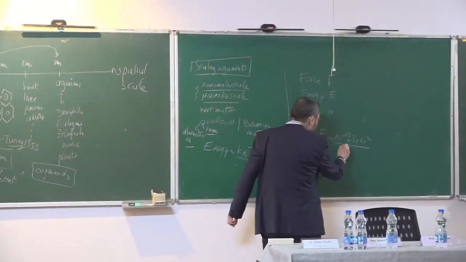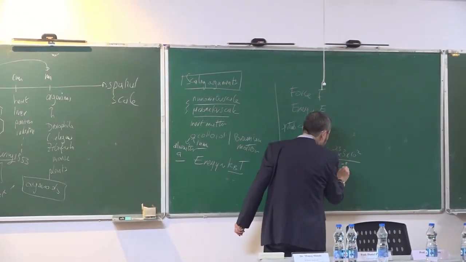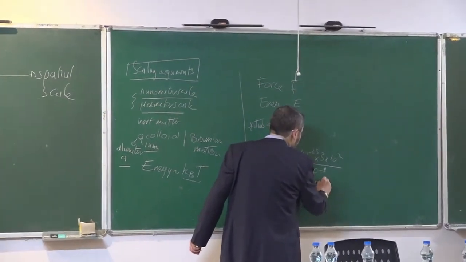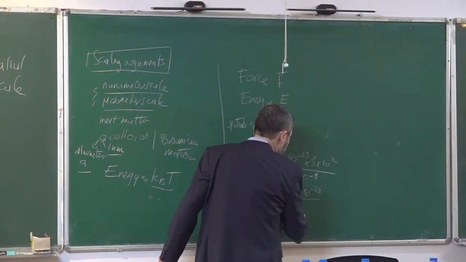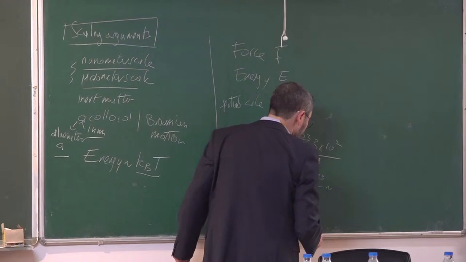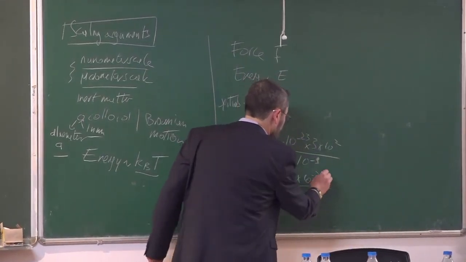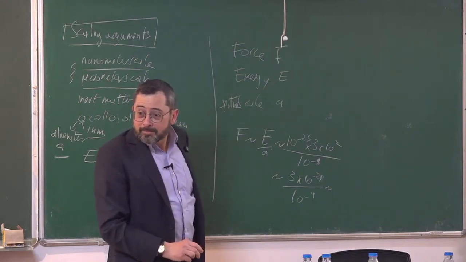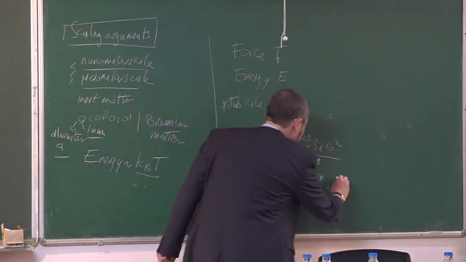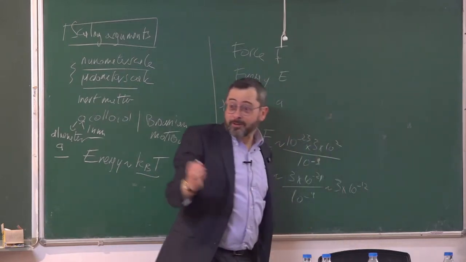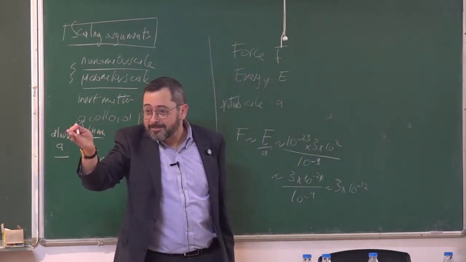So let's say 1 nanometer, which is 10 to the minus 9. So this is going to be 10 to the minus 23 over 10 to the minus 9. I end up with what? 10 to the minus 12, and you have your piconewton.